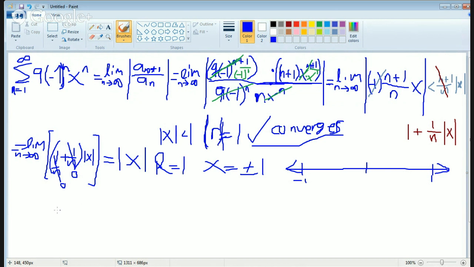So once we change x into positive 1 or negative 1, both series still diverge.